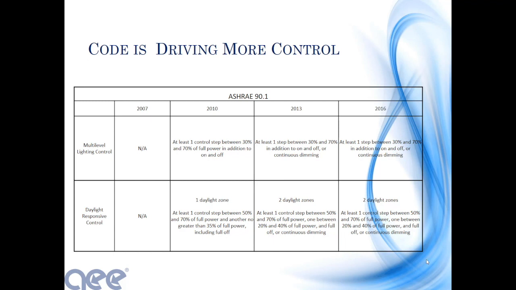Okay, so that's driving you into controls in order to meet these requirements. 2013, same thing on the control steps, but then also throwing in that continuous dimming obviously meets that requirement as well, and then adding in the second daylight zone for daylight harvesting, and then having more levels required for your daylight responsive control as well.